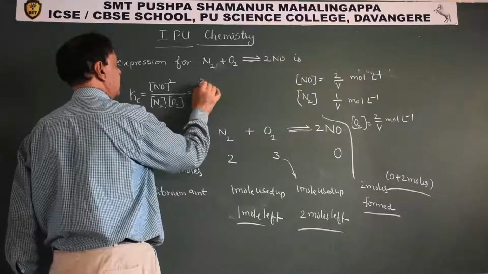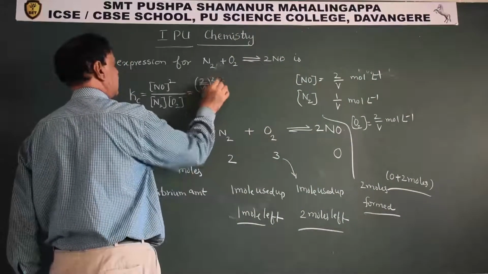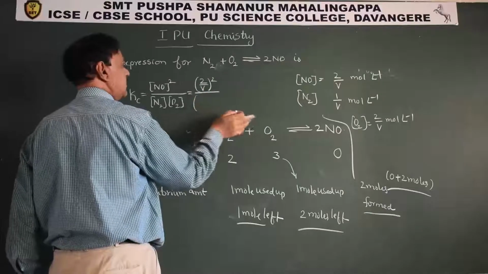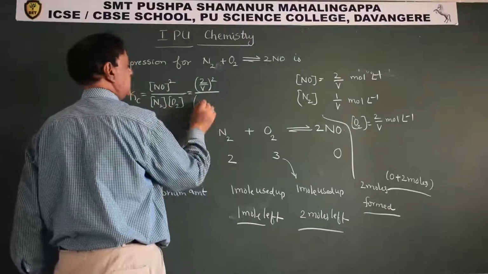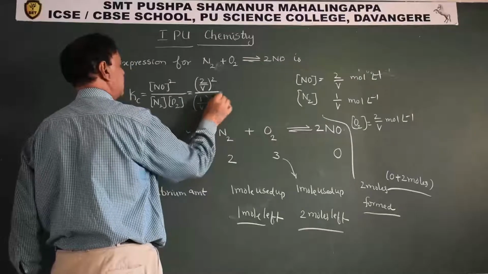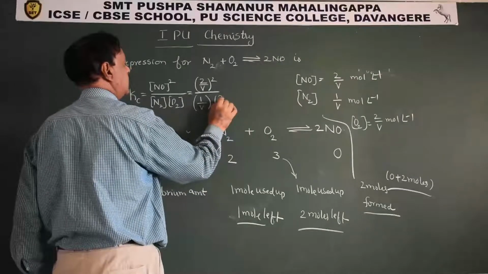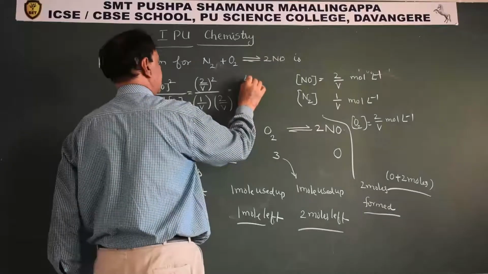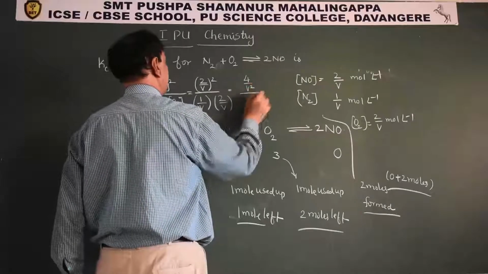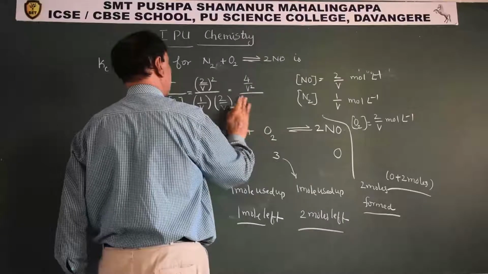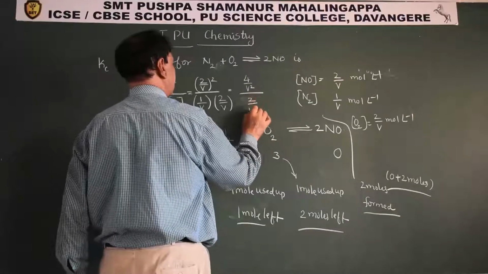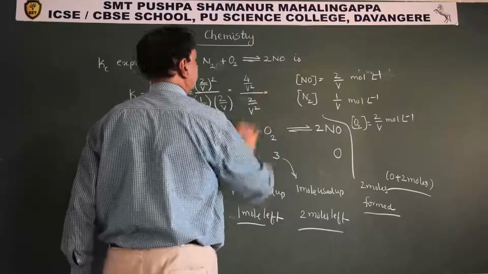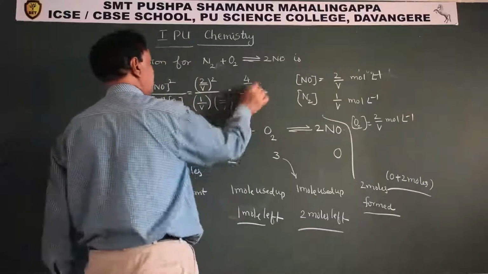It is 2 by V whole square. N2 is equal to 1 by V, O2 is equal to 2 by V. Now substitute the values. It is 4 divided by V square, whole divided by 2 divided by V square. That is equal to how much? V square gets cancelled.